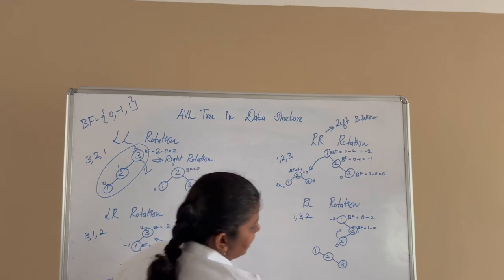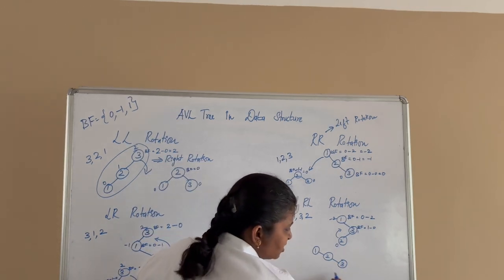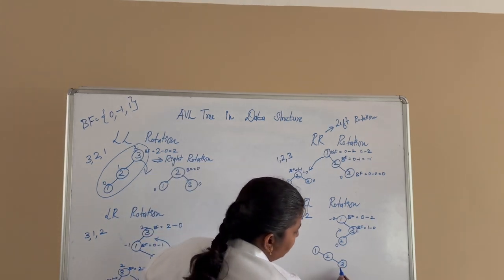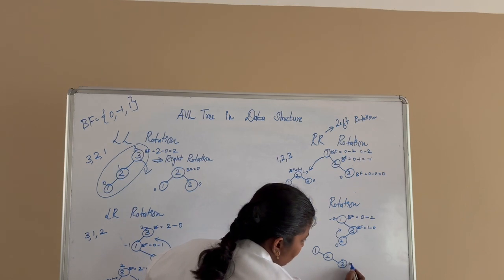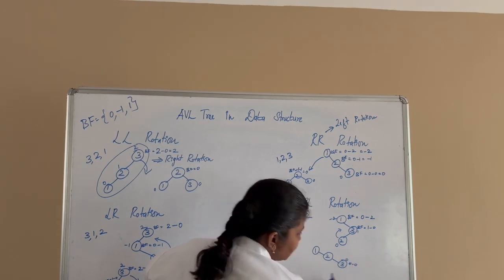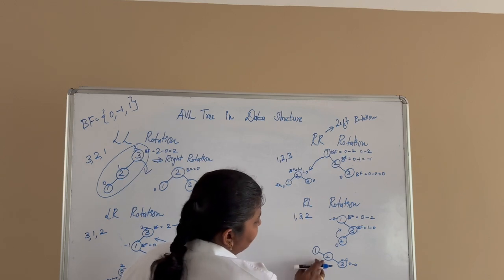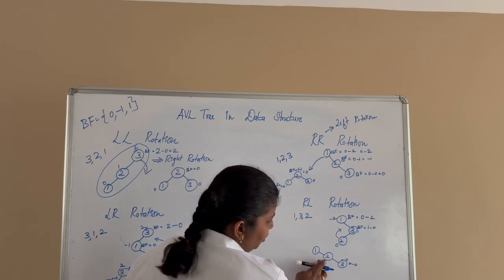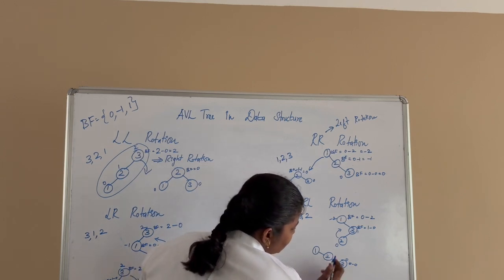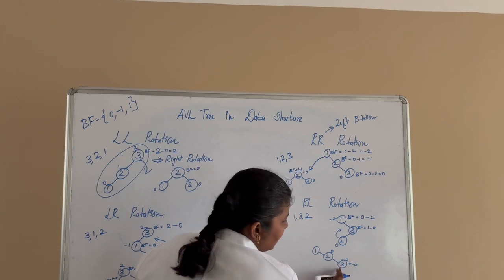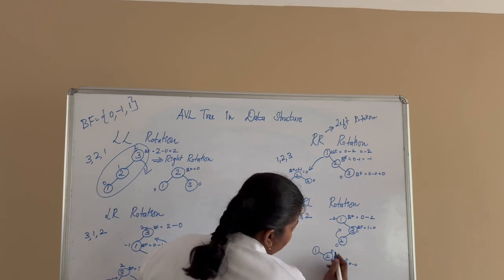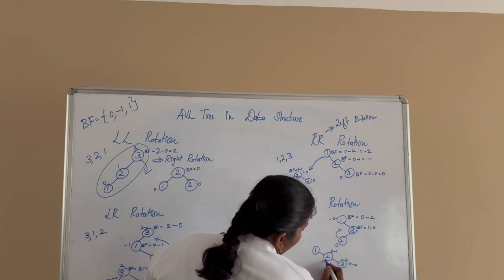We have to calculate the balance factor one more time. The height of the left subtree is 0 and the height of the right subtree is 0, so the overall balance factor is 0. For the balance factor of node 2, the height of the left subtree is 0 and the height of the right subtree is 1, so 0 minus 1 is minus 1.